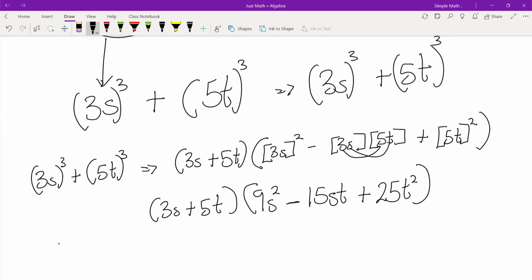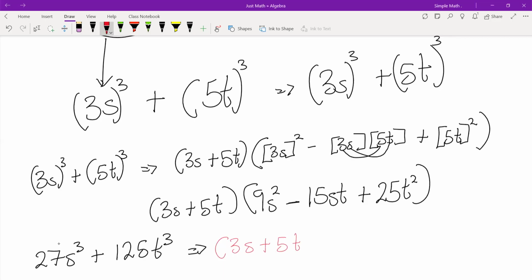So this will be your answer. When you factorize 27 s cubed plus 125 t cubed, let me put the final answer in red: (3s plus 5t)(9s squared minus 15st plus 25t squared).